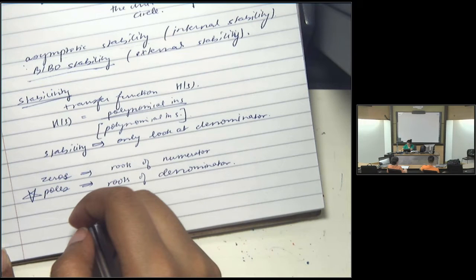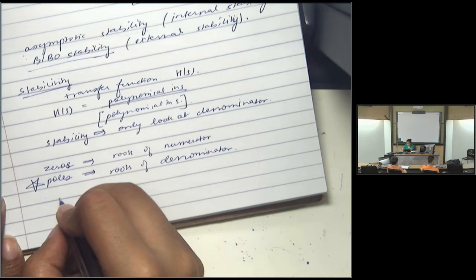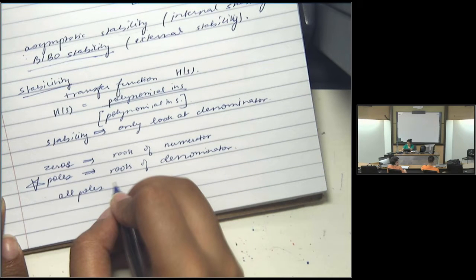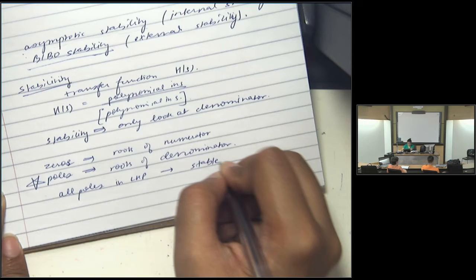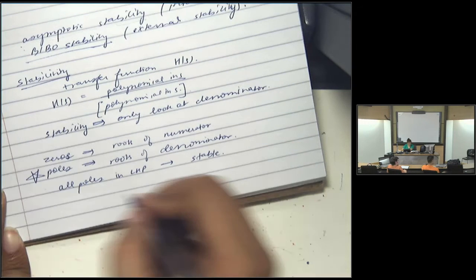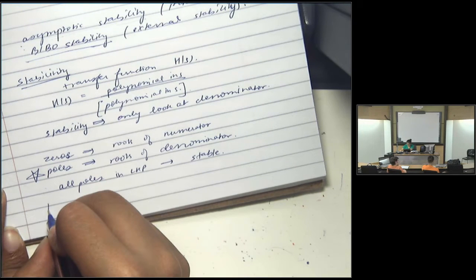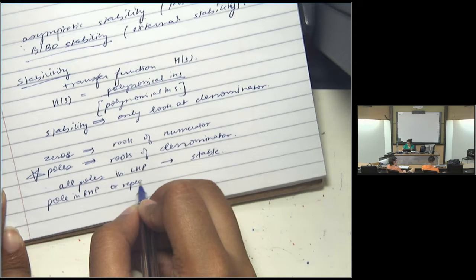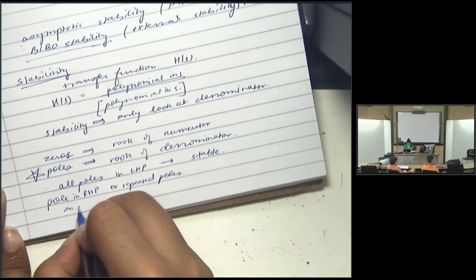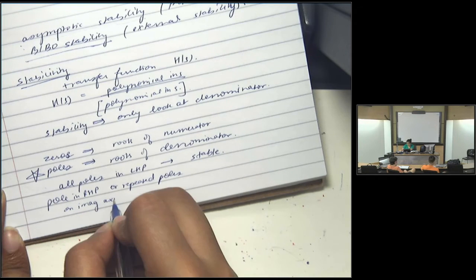Okay, so the conditions over here are also similar. If all my poles are in the LHP, my system is stable. If I have a pole in the RHP or repeated poles on the imaginary axis, my system is unstable.